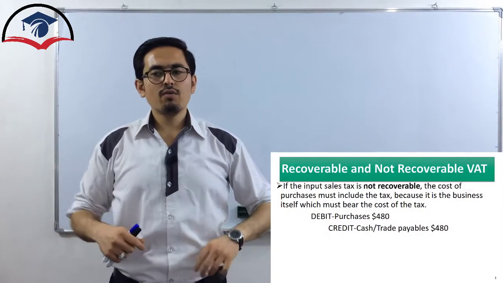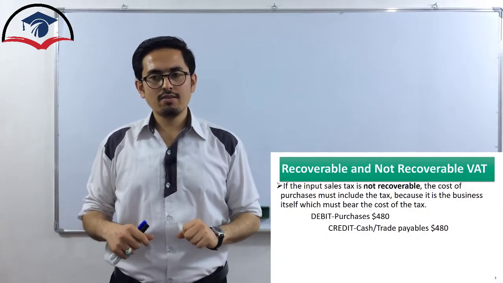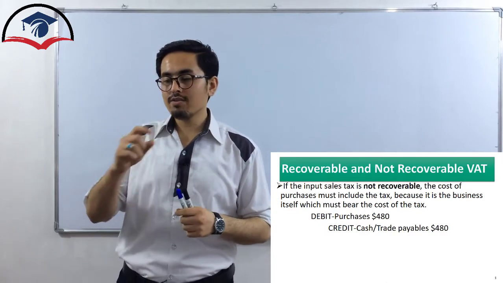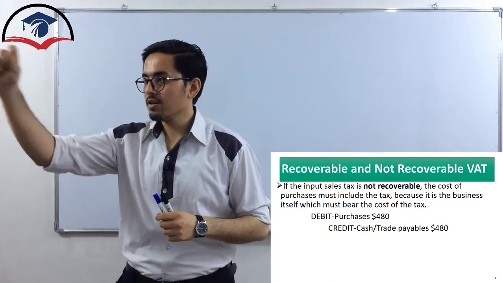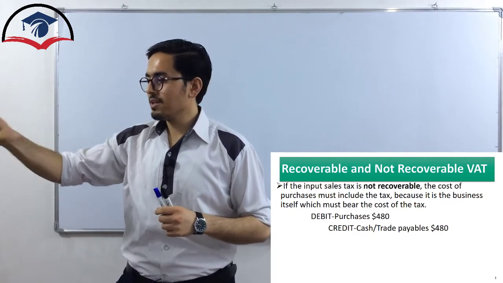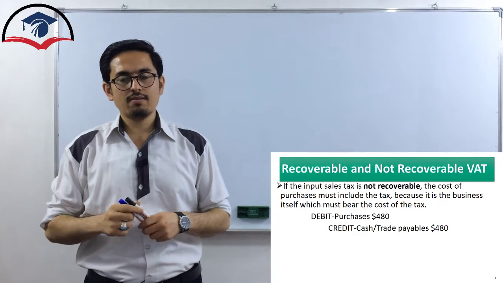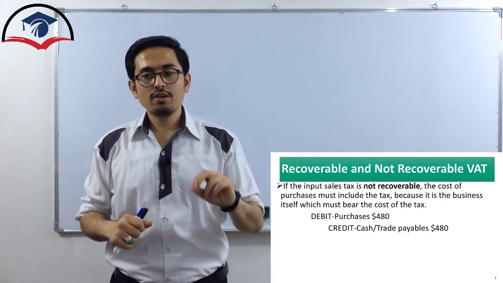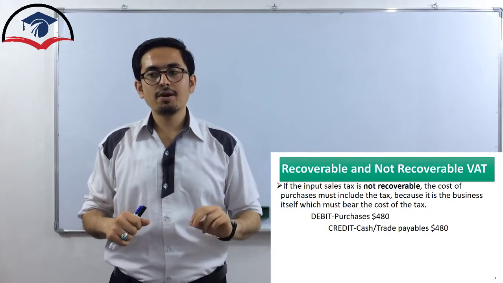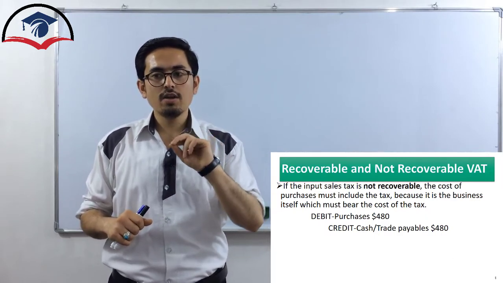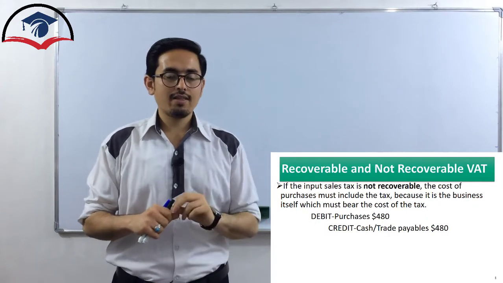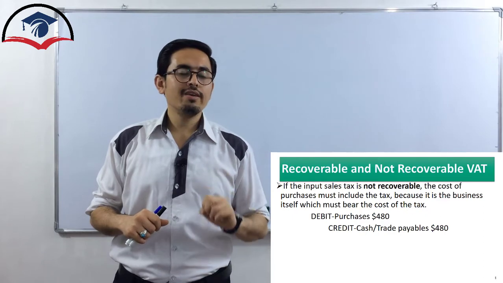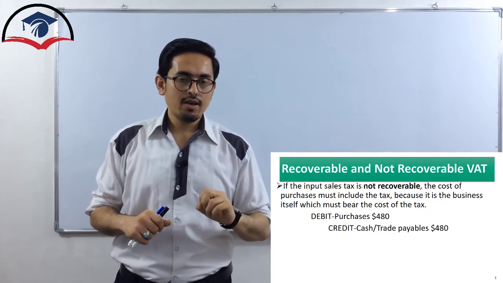But for not recoverable purchases, if the input sales tax is not recoverable, of course input tax is for the purchases you have paid, but it stays with the business. When it is not recoverable, the cost of the purchase must include the tax because it is the business itself which must bear the cost of the tax. One thing to remember: we cannot leave businesses to go into loss.